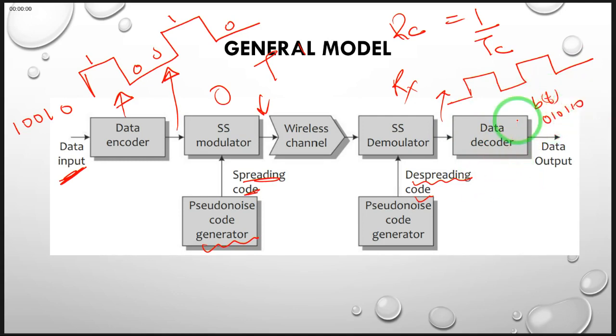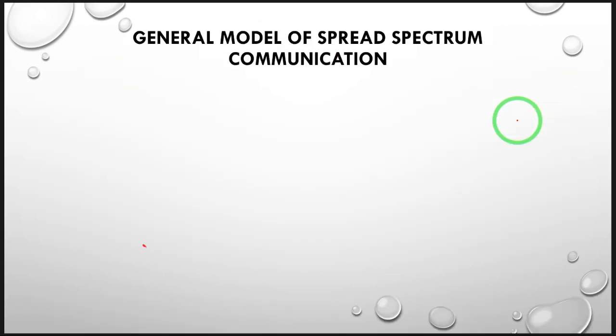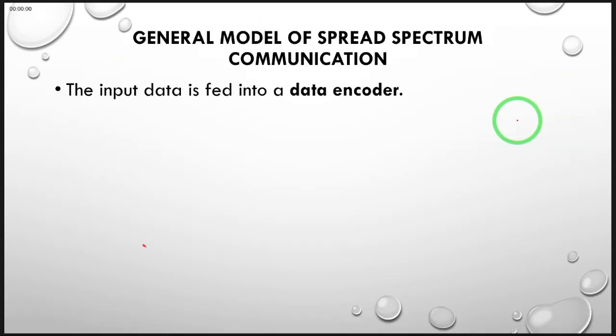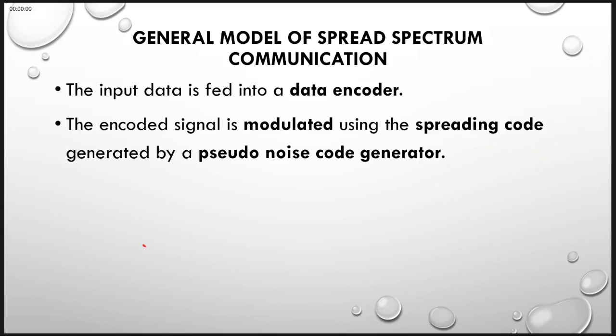So we will observe a few points here. The input data is fed into the data encoder, which generates the data pulses. Then the encoded signal is modulated using the spreading code, which is generated by the pseudorandom noise generator.